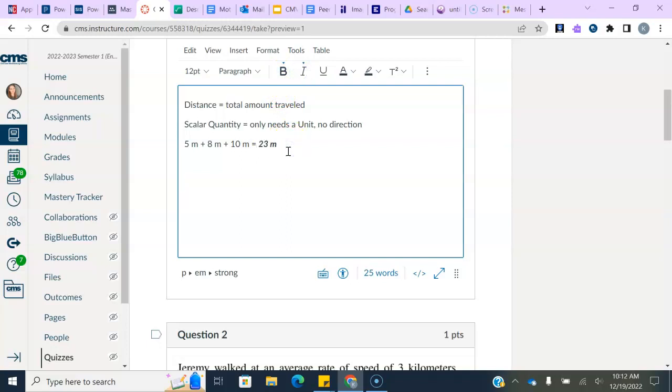Now, what if this question asked us about displacement? It didn't, but what if it did? Displacement is basically where you end up in reference to where you started. In this instance, we start at 0.